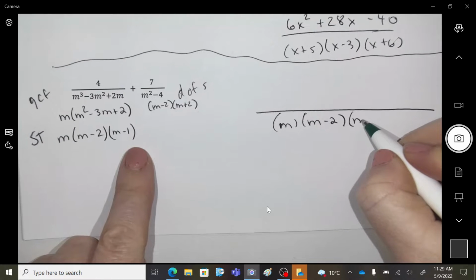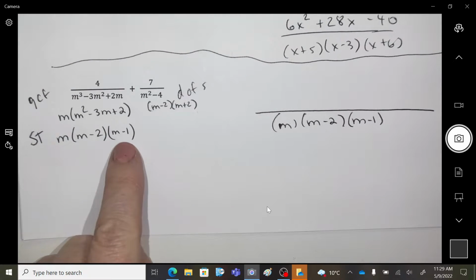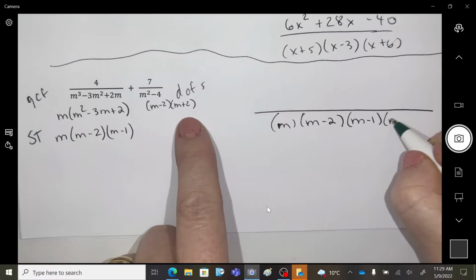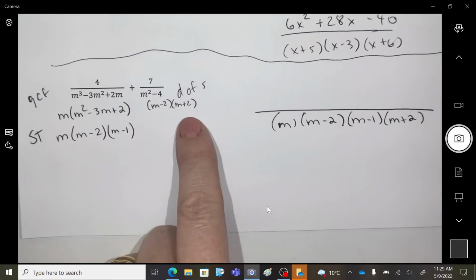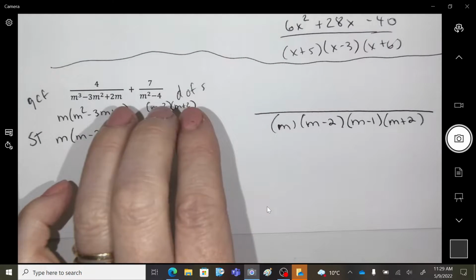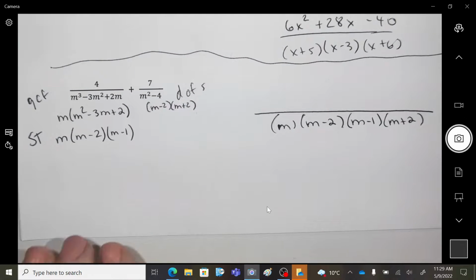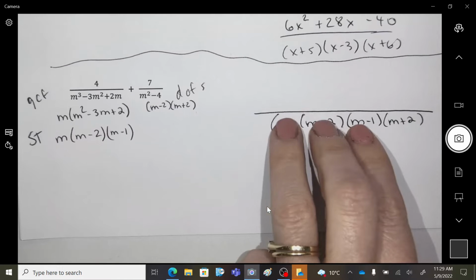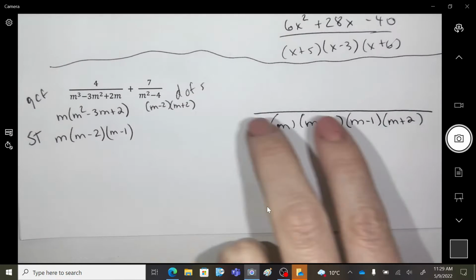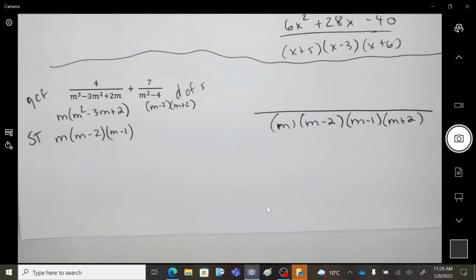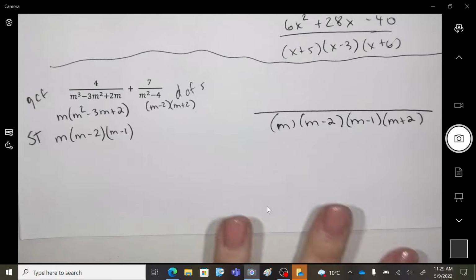I'm going to need an m minus 1. And I'm also going to need an m plus 2. Yes, it fits. As in, I can put my finger on the 3 of them and 3 of them. So that's the common denominator.